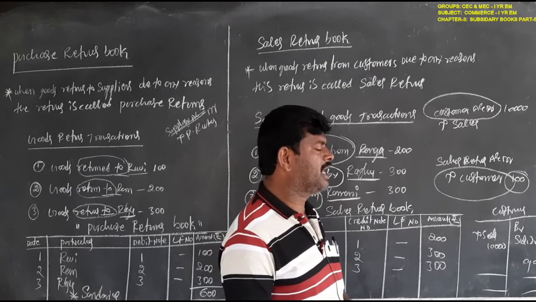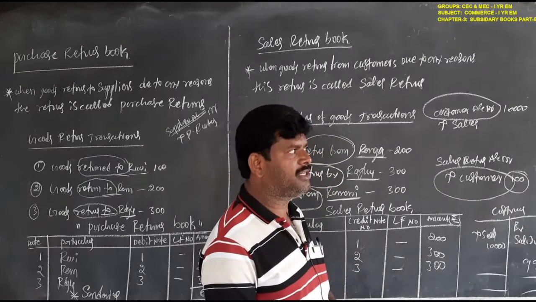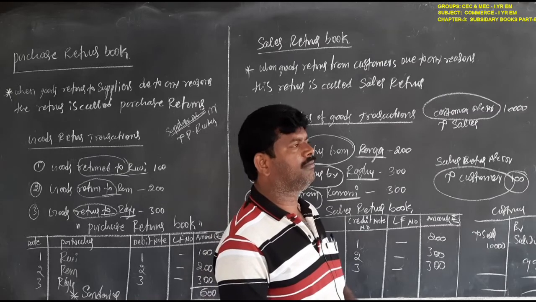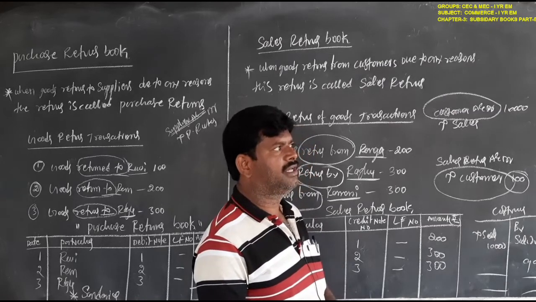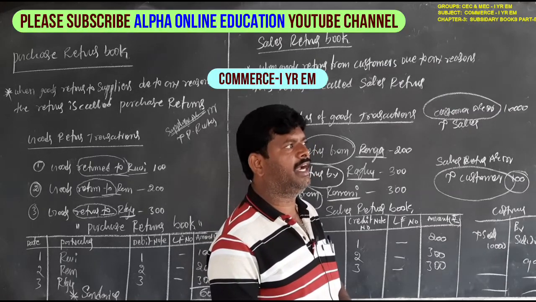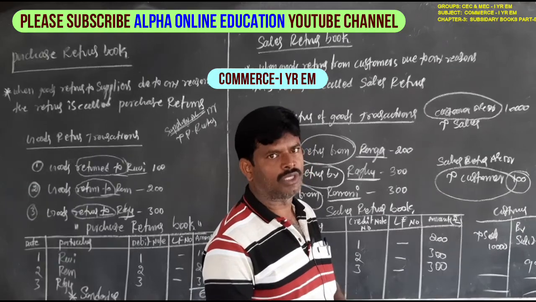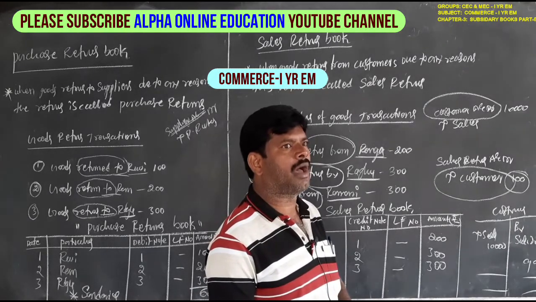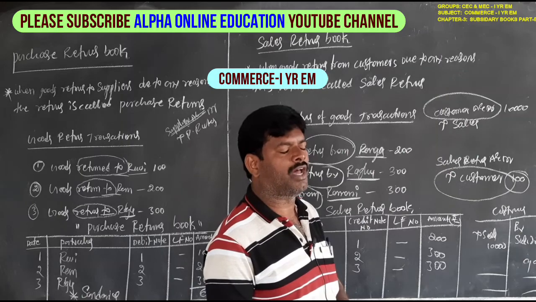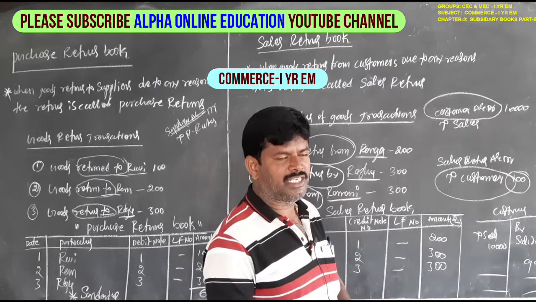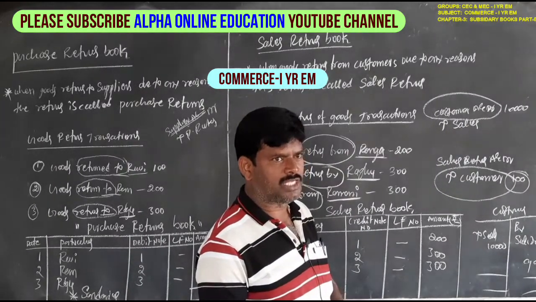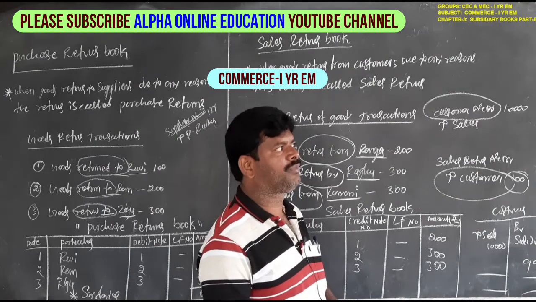So this is called credit note. Why is it called credit note? Because the person's name previously debited, the same name will be credited. Credit note is nothing but reduction or adjustment of amount in our account. It is intimation given by the customer to the sellers.